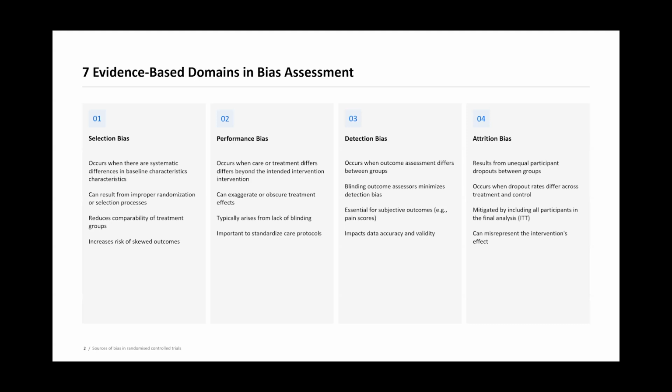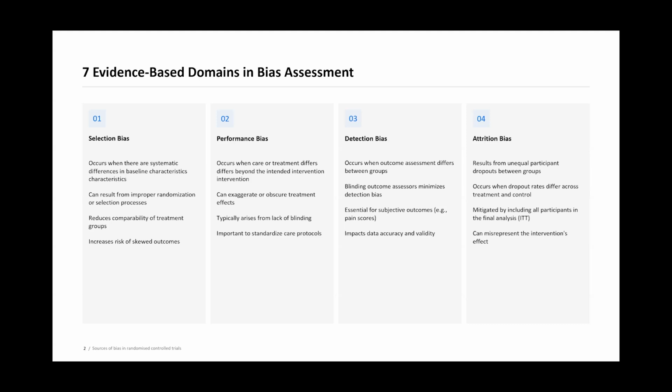For example, let's say participants who experience severe side effects are more likely to leave the study. The remaining participants may give a false impression of the treatment safety. So the best way to manage this type of bias is to mitigate this attrition bias. We use intention-to-treat analysis, which includes all participants in the analysis, regardless of whether they completed the study.